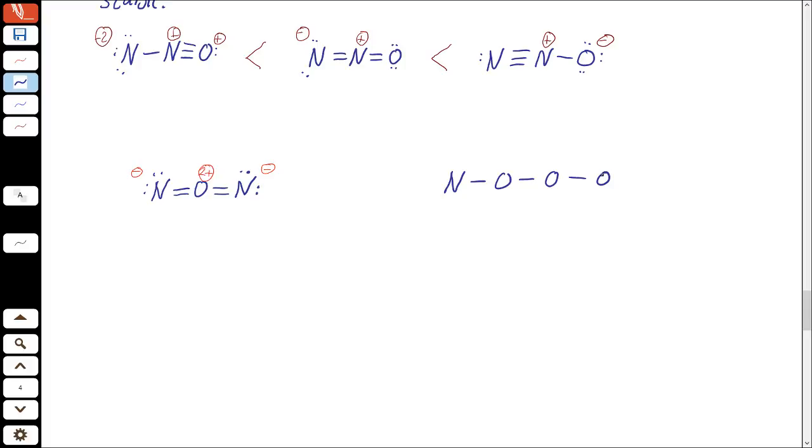Just to be clear, whenever you're drawing Lewis structures, calculate the formal charges on the atoms, draw them on there, and that'll be a good check as to whether things are correct or not. Again, this is something that takes practice.